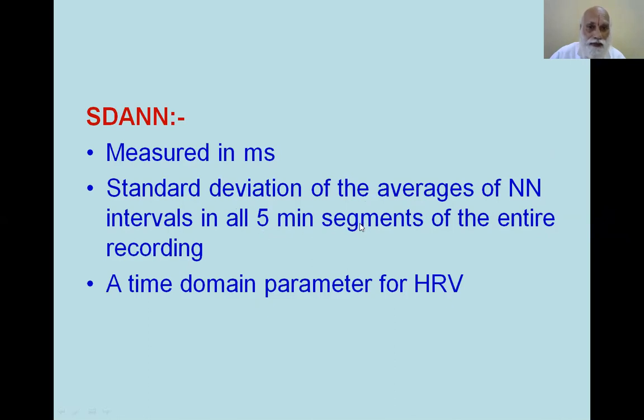For each segment, you take the NN intervals, average them, and take the standard deviation of these averages. So you have a large number of averages, and you can have a standard deviation for these averages of NN intervals over 5-minute segments. So this is also a time domain parameter.